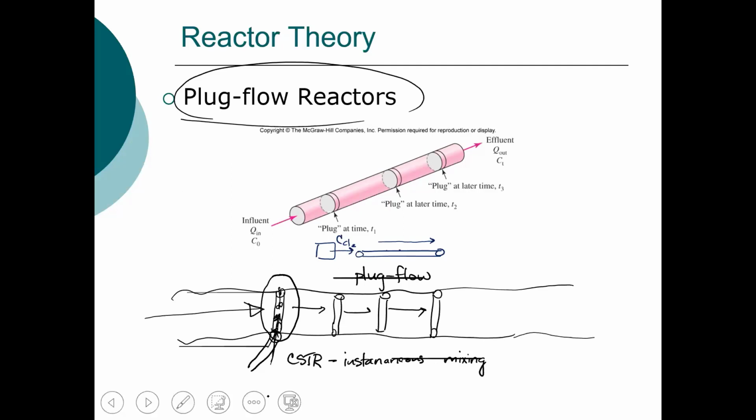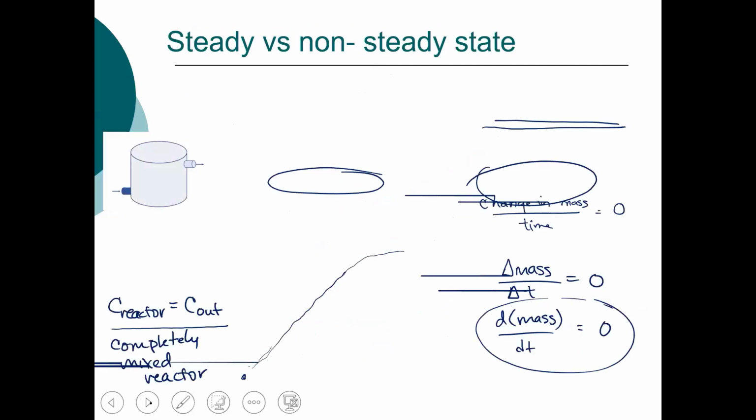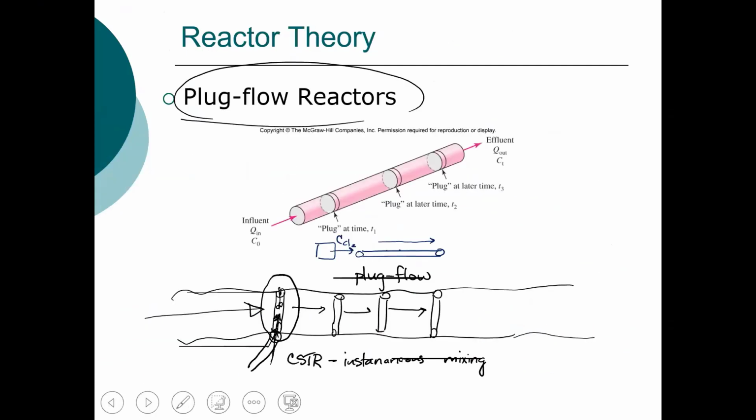Any questions about this? Feel free to write in the chat, or if you'd like to unmute yourself, because this is a really important concept. So you said that was like a tributary or something, right? To this diagram here. So for instance, this could be a tributary into a river. It could be an outfall from a wastewater treatment plant, an outfall from some sort of manufacturing facility. So what we will do is we'll model that outfall as a CSTR.